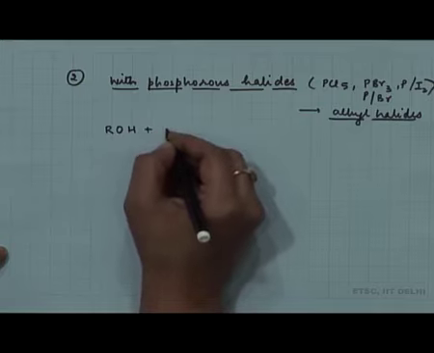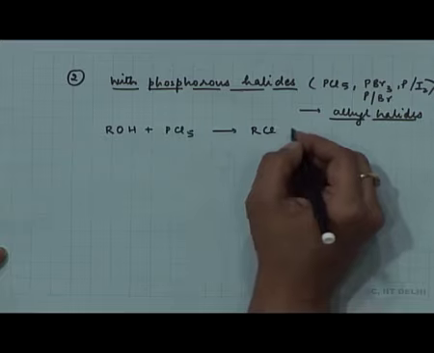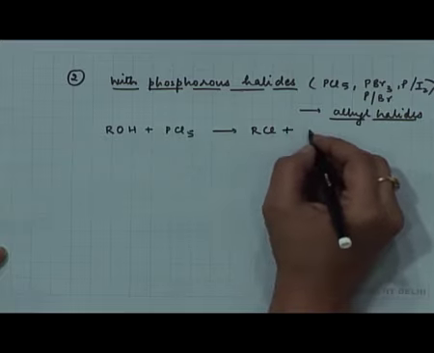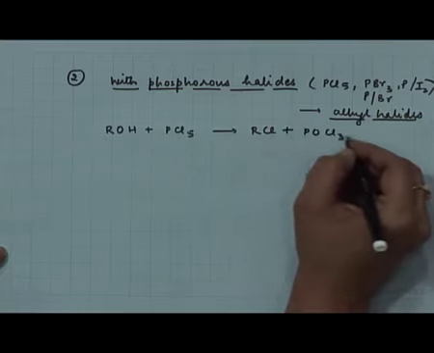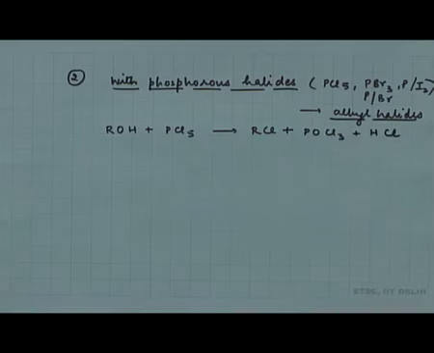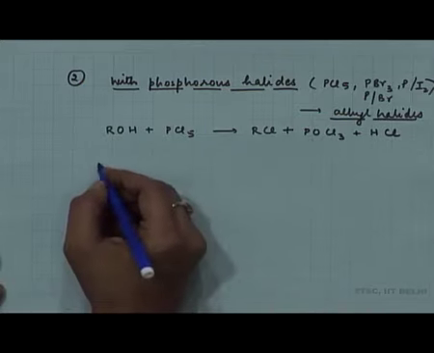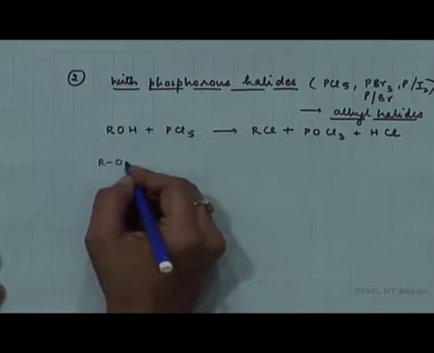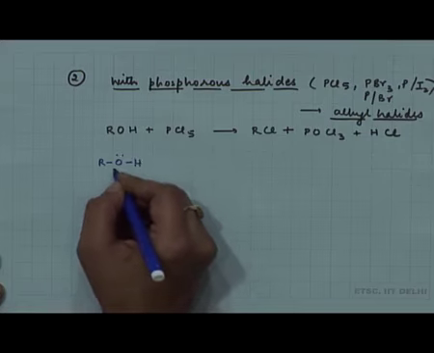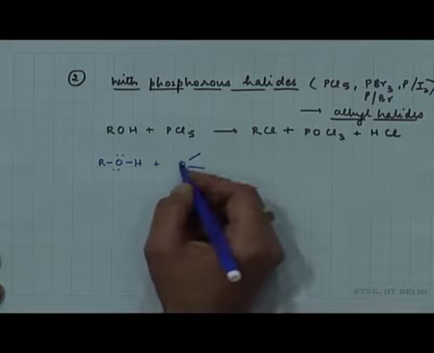So, you treat alcohol with, let us say, PCl5, and the products you get are an alkyl halide, alkyl chloride in this case, and POCl3 along with elimination of HCl. So, this is a general reaction, but what is the mechanism? How are these formed and what is the kind of pathway this reaction is adopting? So, you have ROH and you have PCl5.